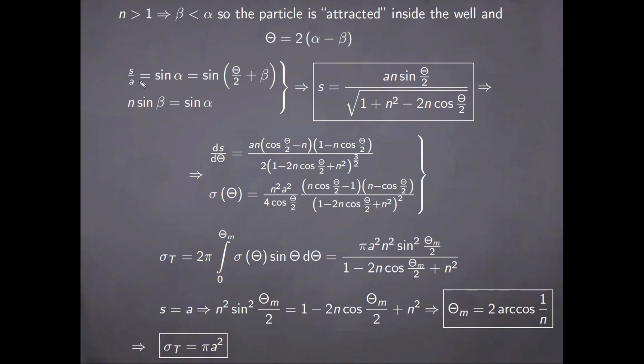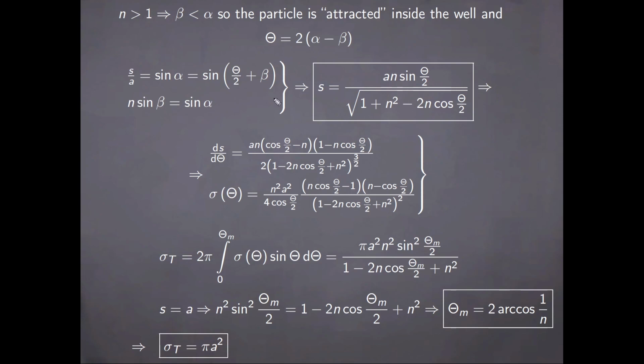Then we have defined the sine of alpha as the ratio between the impact parameter and the radius of the sphere, and using this result we can write this ratio as given here, and we also have the refraction law obtained earlier.